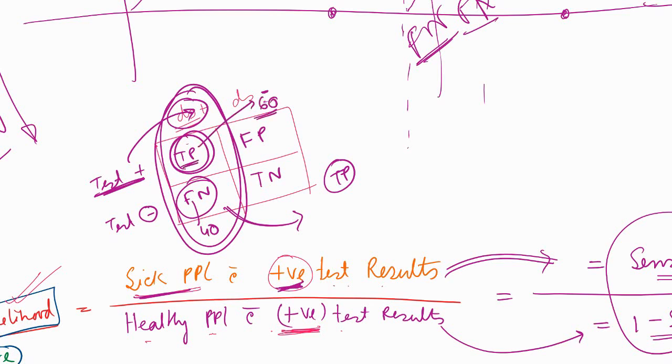So the ratio of sick people with positive test result is 60 upon the total, 40 plus 60, which is 100.